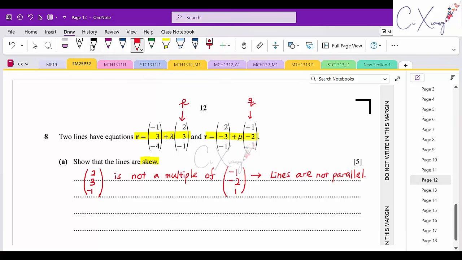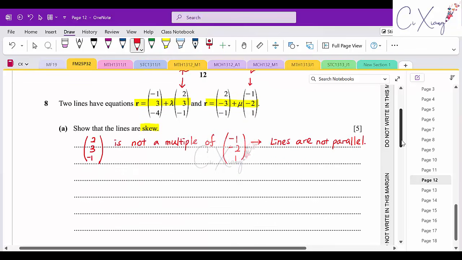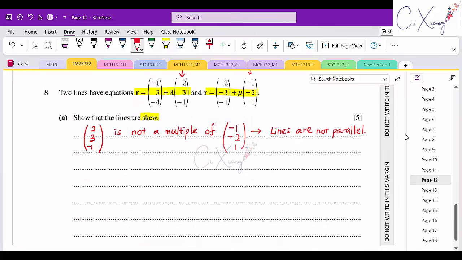Okay, so when the lines are not parallel, there are 2 possible cases here. When the lines are not parallel, it is possible that the lines intersect with each other, or the lines might be skewed. Okay, so to check whether they intersect or are skewed, we have to let r1 equal to r2. So this is the second thing that we need to find out. So let r1 equal to r2, and we combine the vector together for the vector equation.